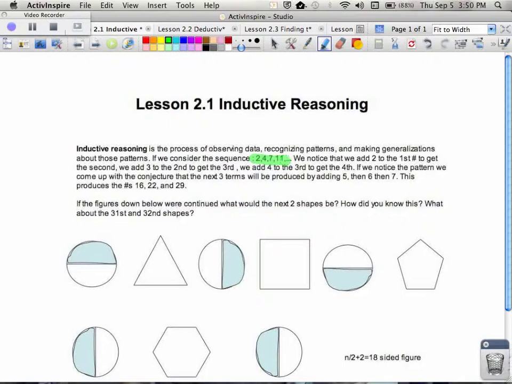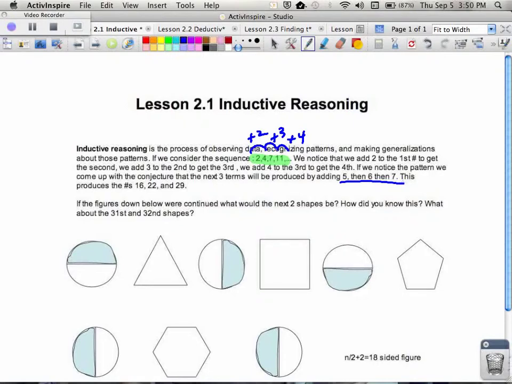So we observed a sequence that had a certain pattern. That is, we saw the pattern add 2, add 3, add 4, and we noticed that the adding went up by 1 each time, and so that's how we figured out that we're going to be adding 5, 6, and 7. That's called inductive reasoning.